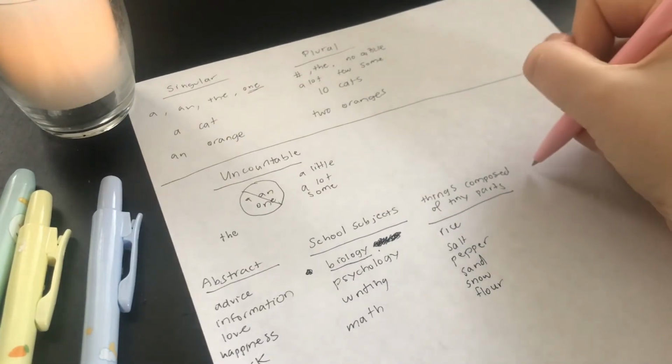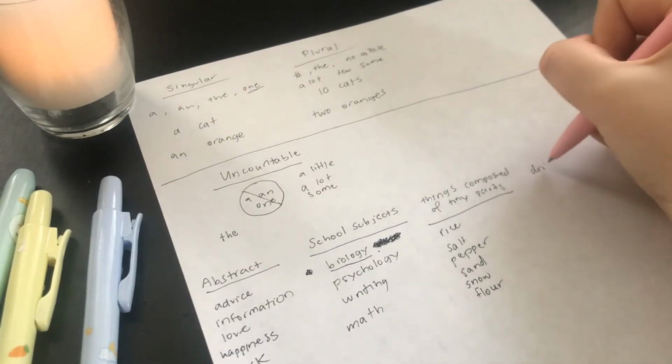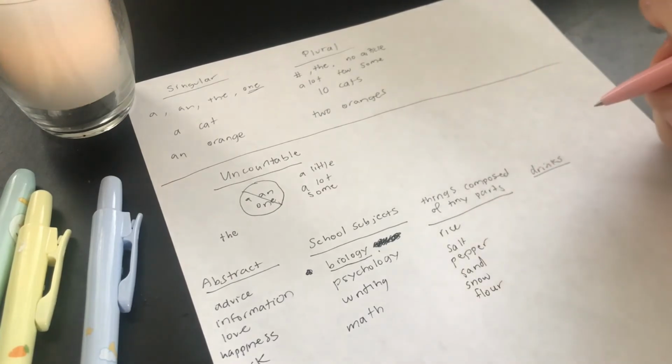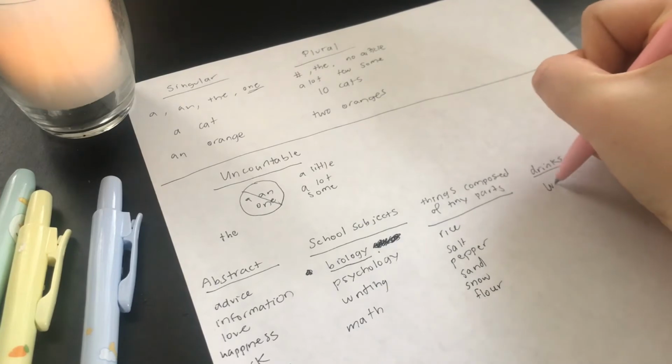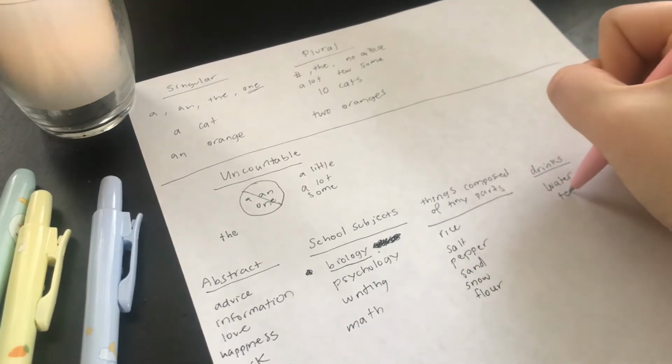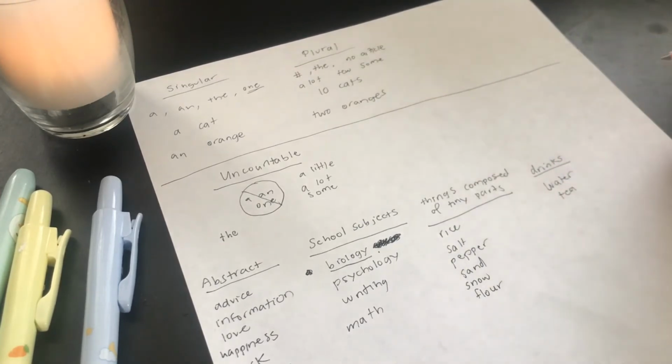We also, generally when we have drinks, we refer to them as uncountable. So water, tea, and I guess this is because if you have a bowl full of water, you can't really separate it into parts, right? So you can't count it.